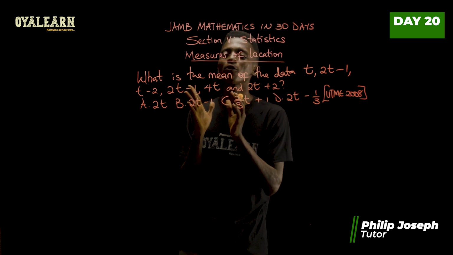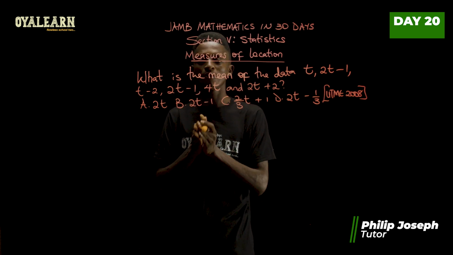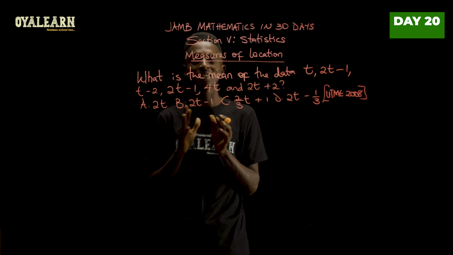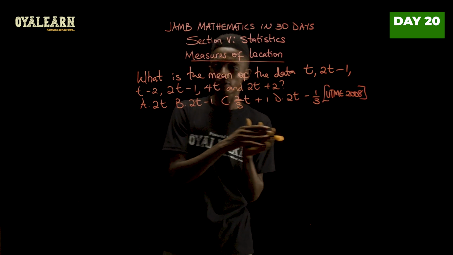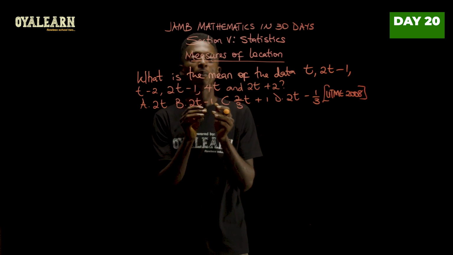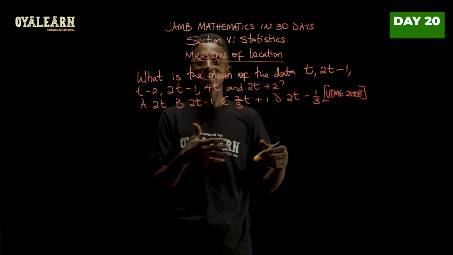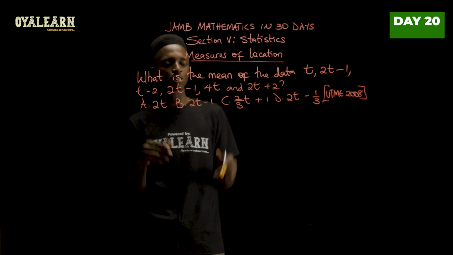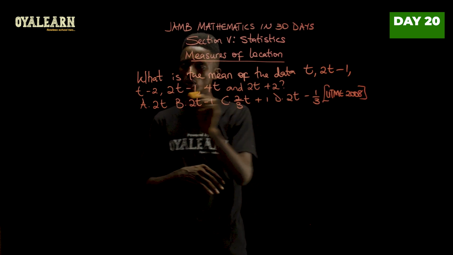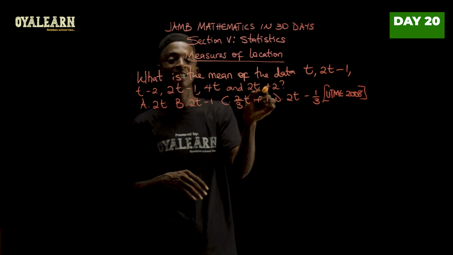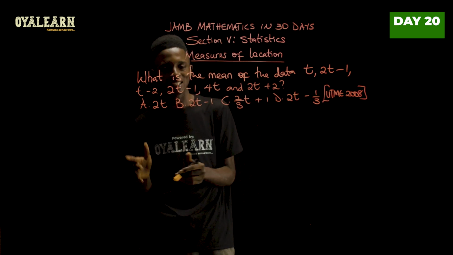Now, when you're looking for the mean of a set of data, that is, you're looking for the average value of that set of data, which is the sum of the data over the total number of variables you have within the data. So in this set of data, we have 1, 2, 3, 4, 5, and 6, six figures in the data set.